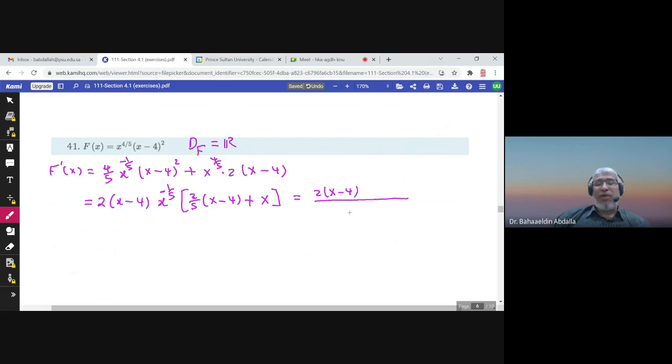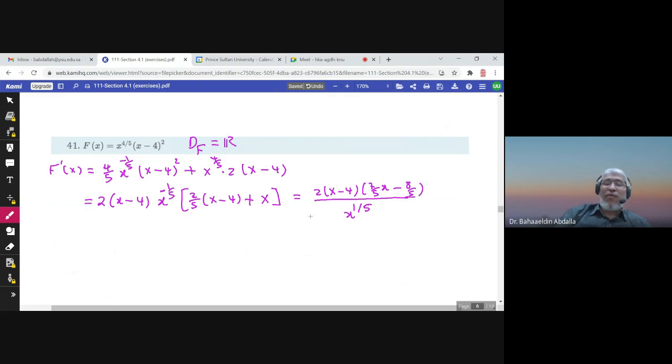Now x to the power negative 1 over 5, I can just take it below. And here I have 2 over 5 x plus x, so this is 7 over 5 x minus 8 over 5.